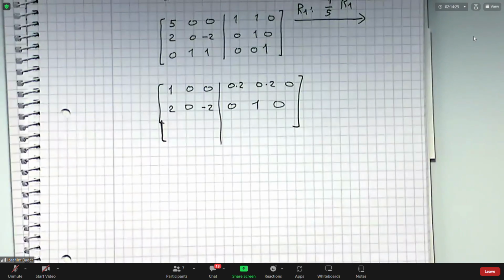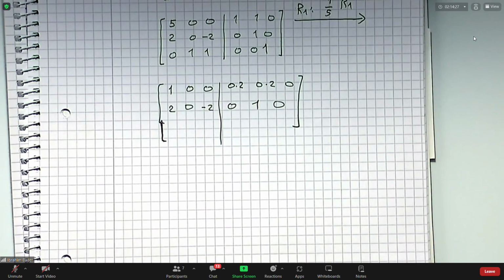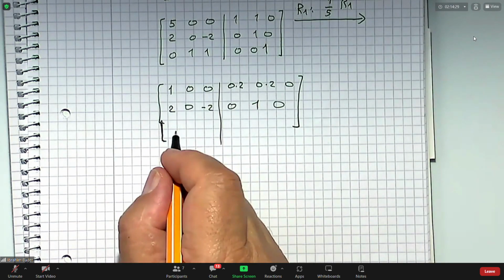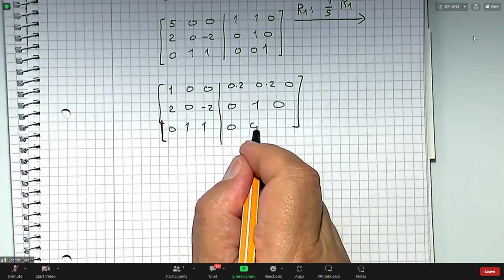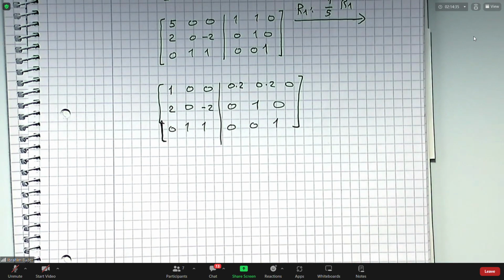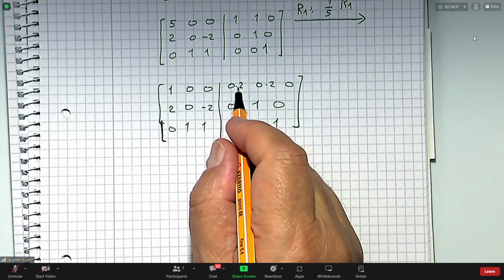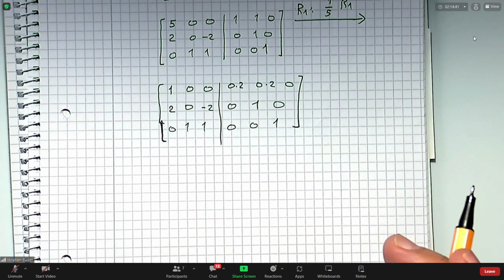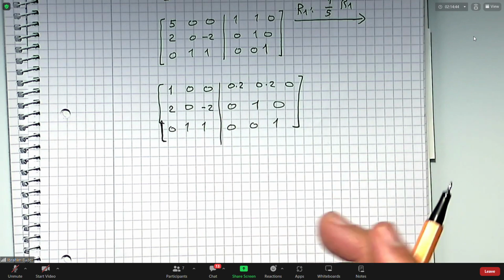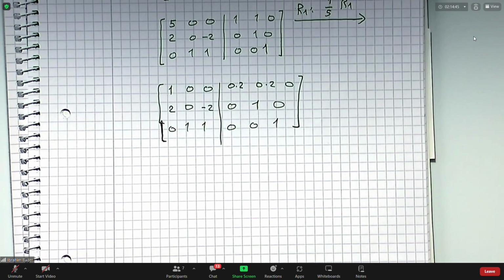So second row and third row unchanged: 0, 1, 1, 0, 0, 1. Don't worry about this: 0.2 is just 1/5.